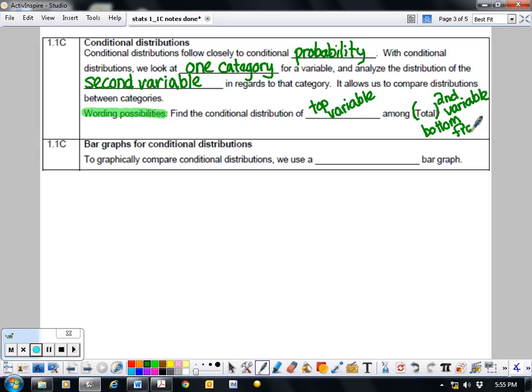It'll make more sense when you see the problem. And our bar graphs for conditional distributions are what we call a side-by-side bar graph. It allows us to analyze the differences between those categories.